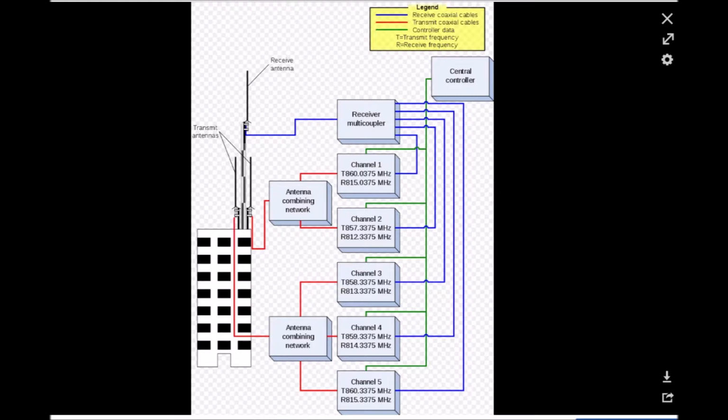TETRA is a European version of trunked radio similar to Project 25. So TETRA is European, P25 is North American.